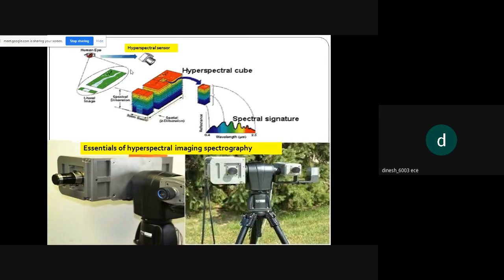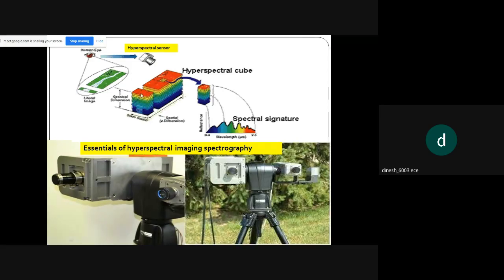Here, this is an example of a hyperspectral sensor. This is a perception of a human eye, which is equivalent to a hypersensor, high spectral sensor. So this is your lithographed image.